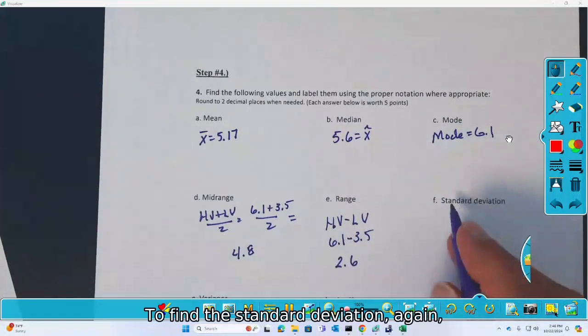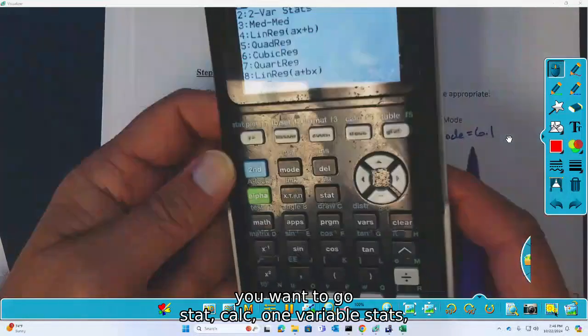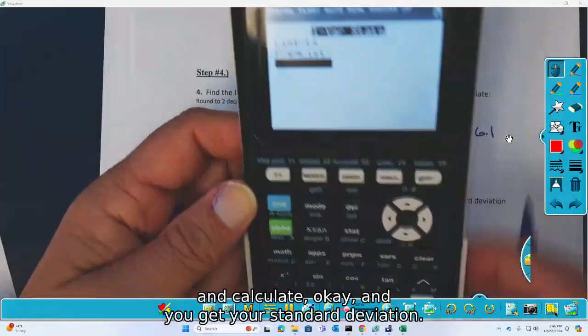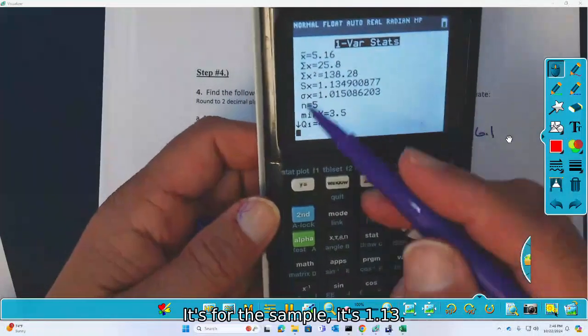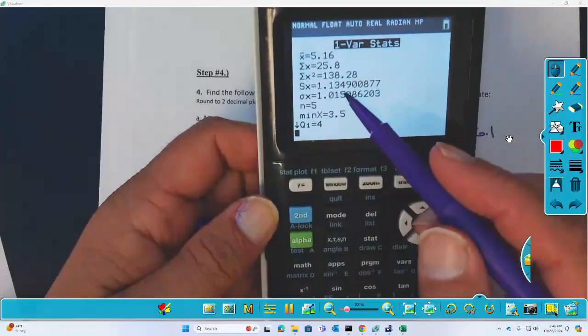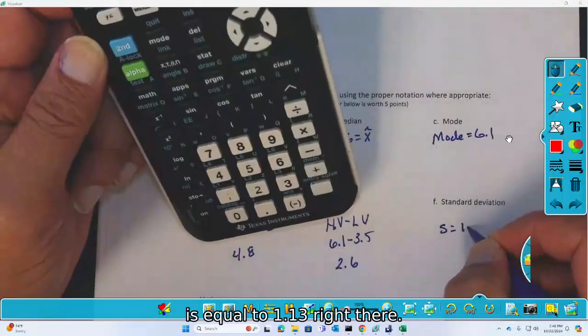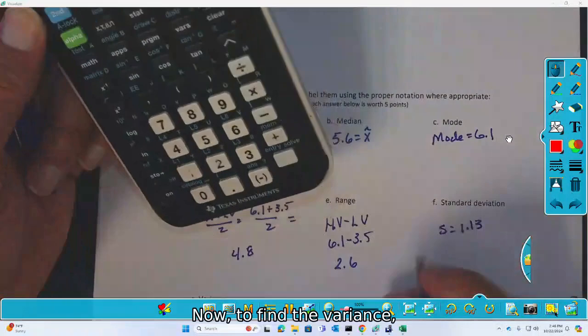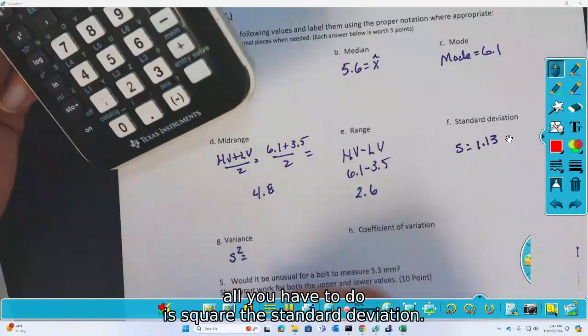To find the standard deviation, again, you want to go stat, calc, one variable stats, and calculate. Okay, and you get your standard deviation. For the sample, it's 1.13. So our standard deviation is equal to 1.13 right there. Now to find the variance, all you have to do is square the standard deviation.